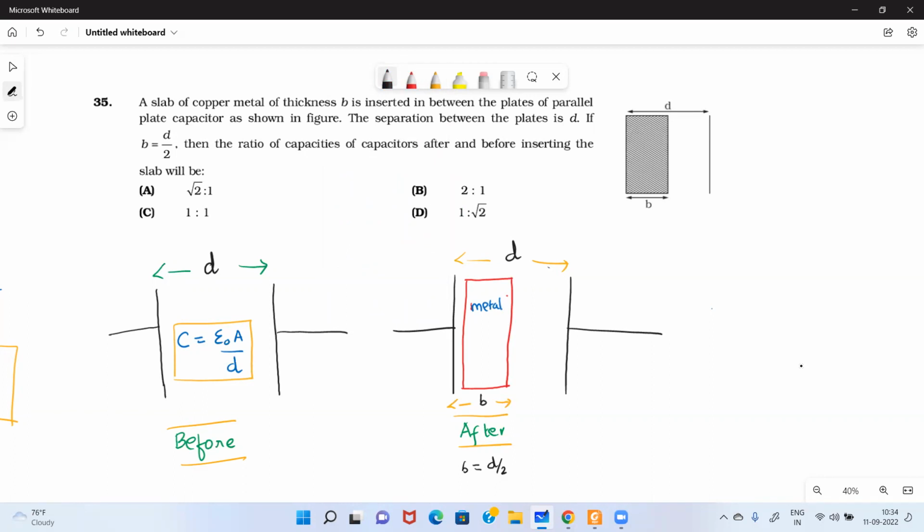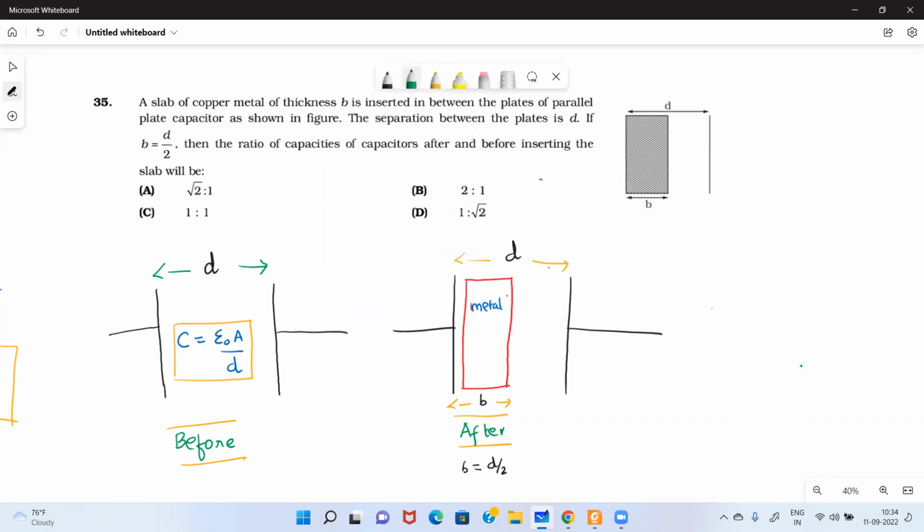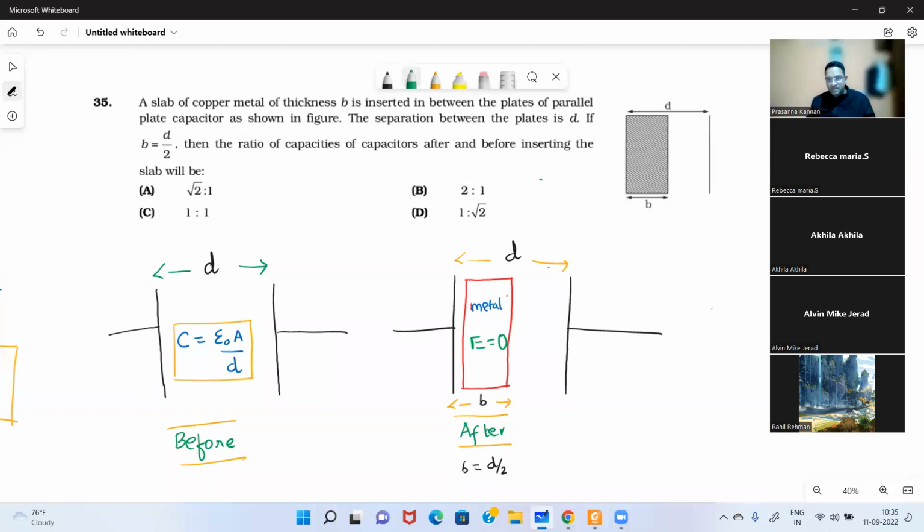Now in that region, on the left side, you have metal, and then on the right side, you have air. Now we had already discussed in the last class, when you have a metal inserted in between the capacitor plates, you already know what is going to be the electric field inside the metal. Inside the metal plate, electric field is going to be 0.